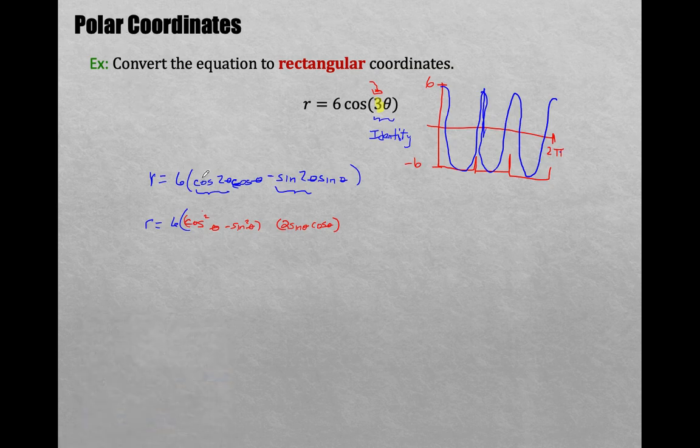So I replaced cosine 2 theta with cosine squared minus sine squared. Oh, I didn't leave enough space. I still have a cosine theta and a minus. I replaced sine 2 theta with what's in red, but then I still have a sine theta here.